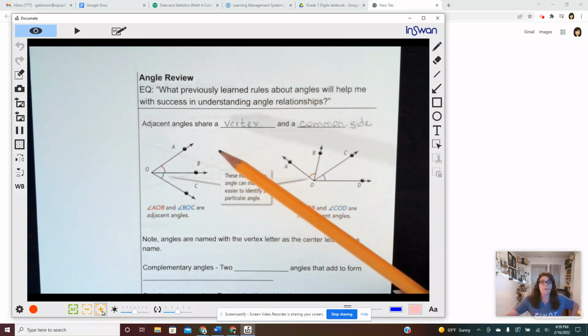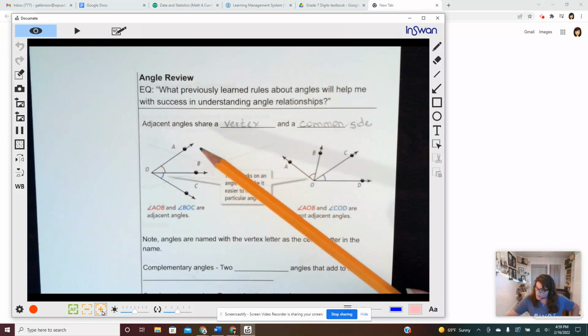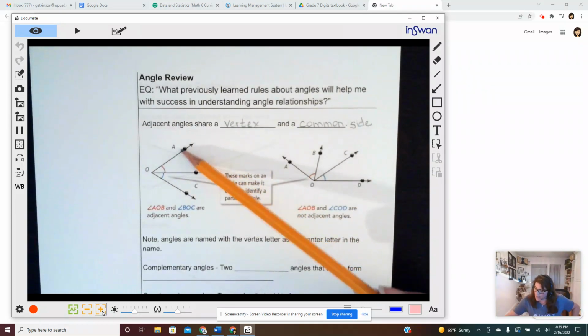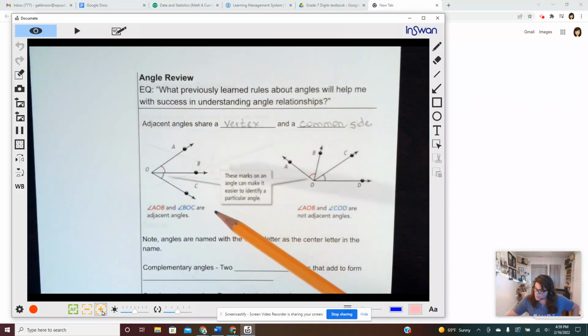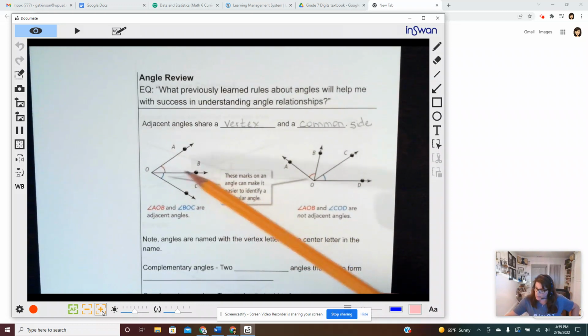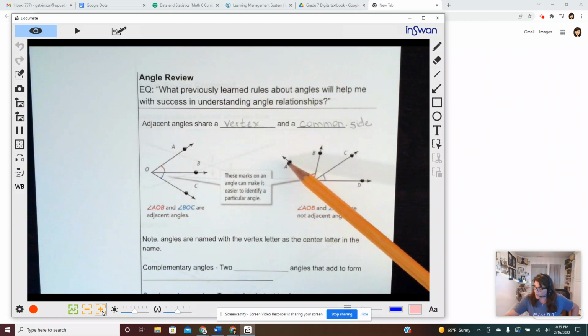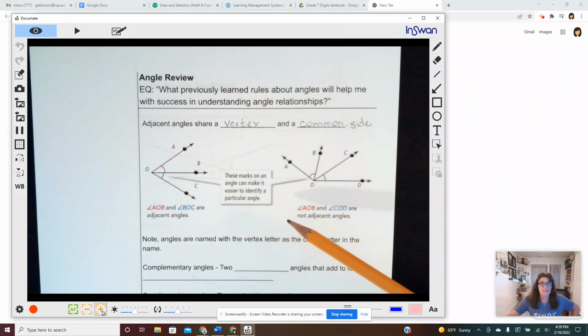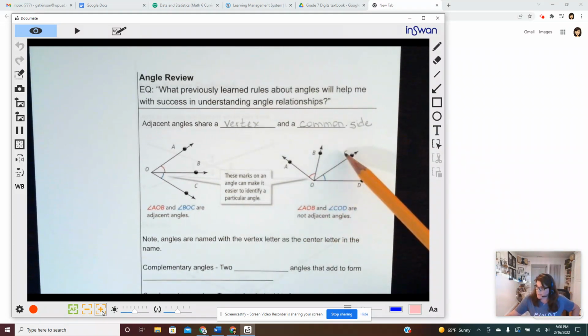So there's an example for you here. Okay, angle AOB is adjacent to angle BOC. But angle AOB is not adjacent to angle COD because they have this big space in the middle.